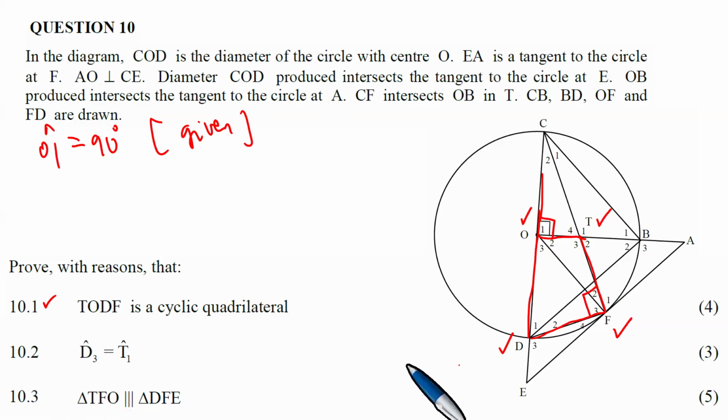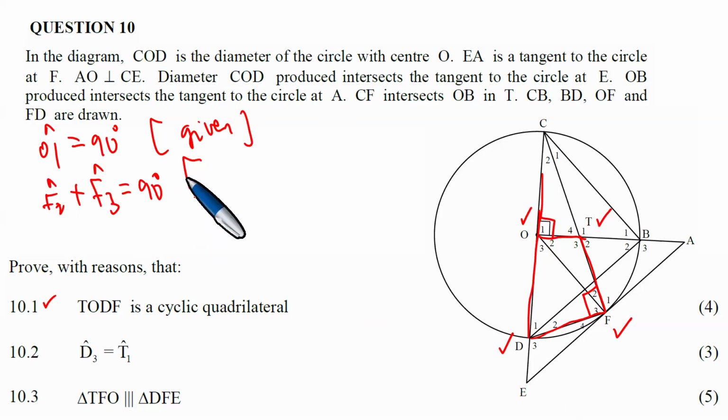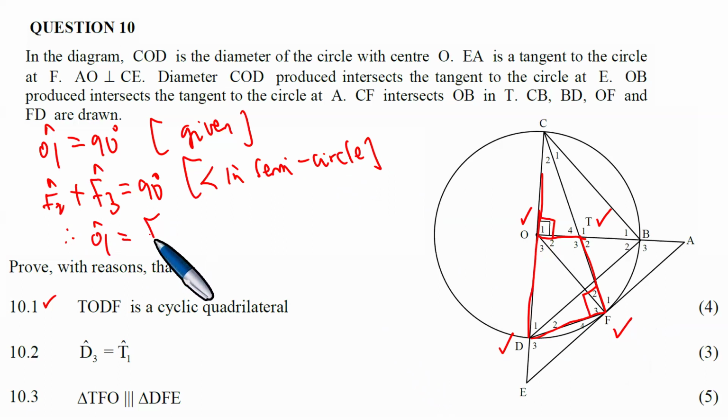Well done. Angle F2 plus angle F3 is 90 degrees, and the reason is that it is an angle in a semicircle. By dint of that, the angle O1 is equal to angle F2 plus angle F3, and this is equal to 90 degrees.